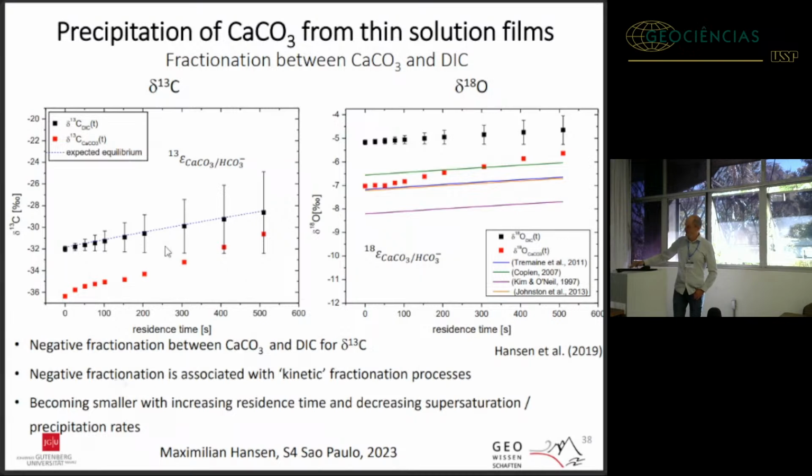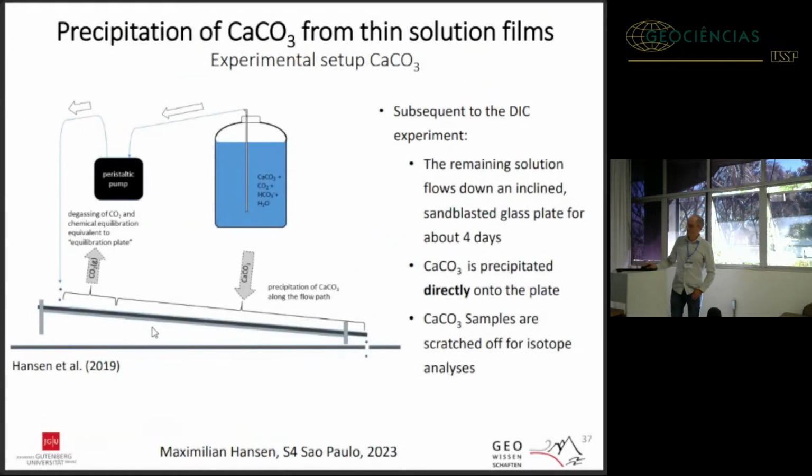But what you see for the stable isotopes for the calcium carbonate is essentially exactly the same enrichment over time as we observed it for the stable isotope values of the DIC. And so once you have the stable isotope values of the calcium carbonate and of DIC, you can compare them directly.